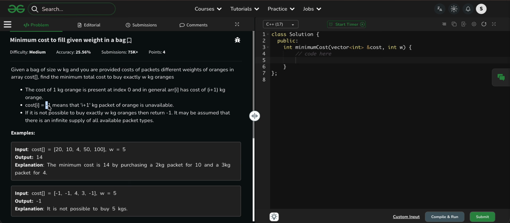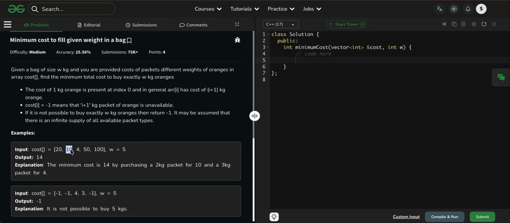It means you have to purchase, like if the target is 5 and there is a packet of weight 2, we can purchase unlimited, so 2 plus 2, we just purchase 2 times of this one, and then move on to the next one.